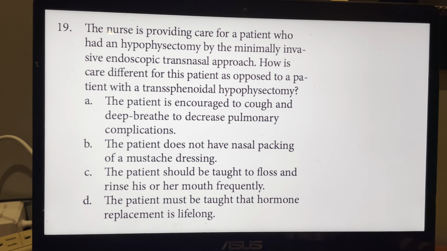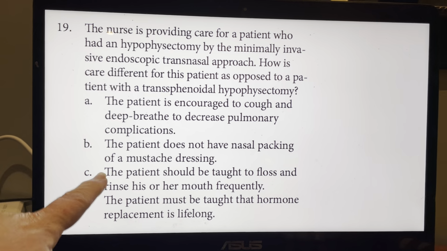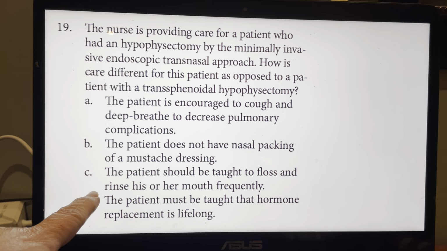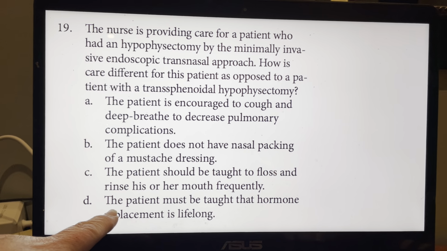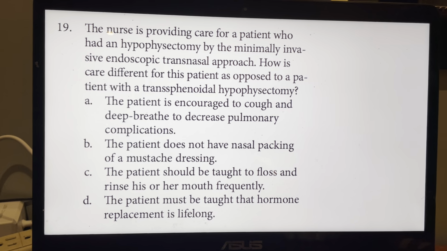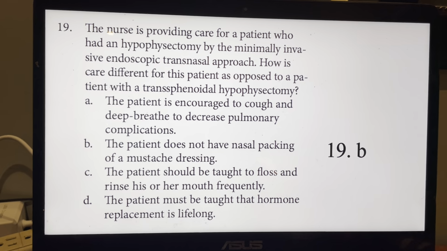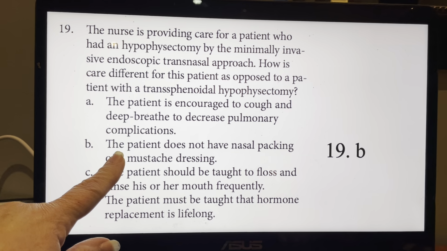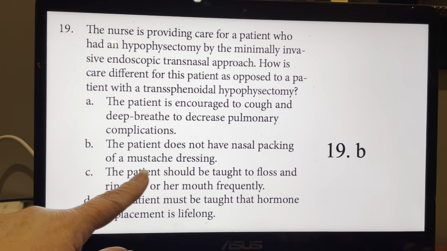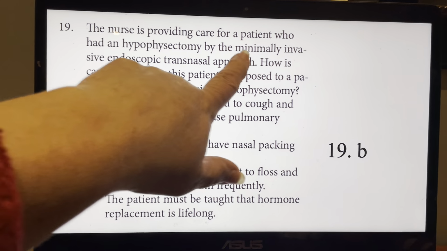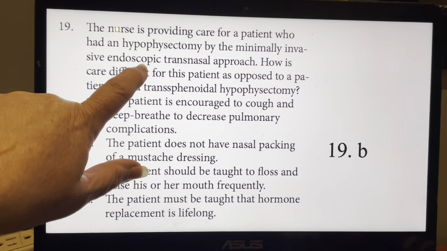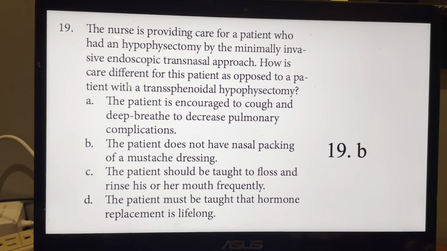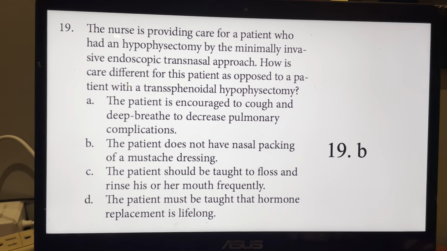The patient does not have nasal packing or a mustache dressing. The patient should be taught to floss and rinse their mouth frequently. The patient must be taught that hormone replacement is lifelong. B, the patient does not have nasal packing or a mustache dressing when they do the minimally invasive endoscopic transnasal approach. They don't have packing.